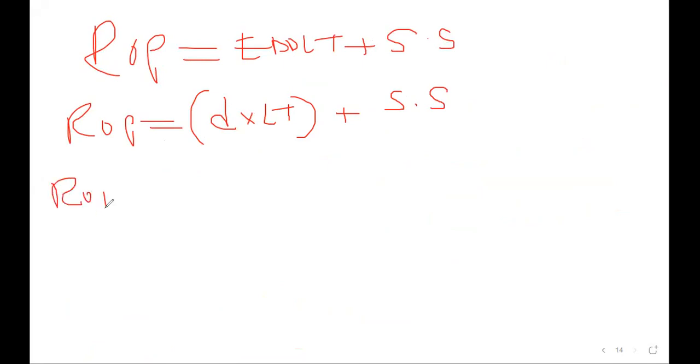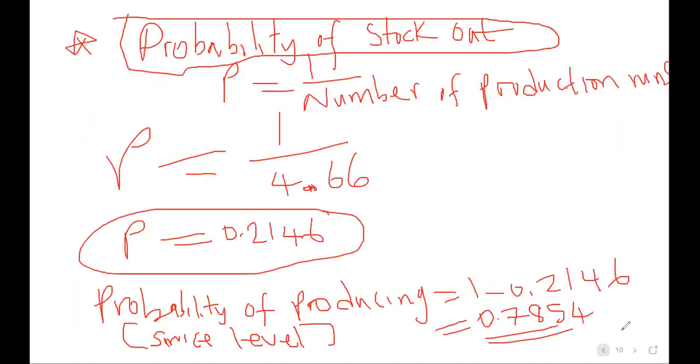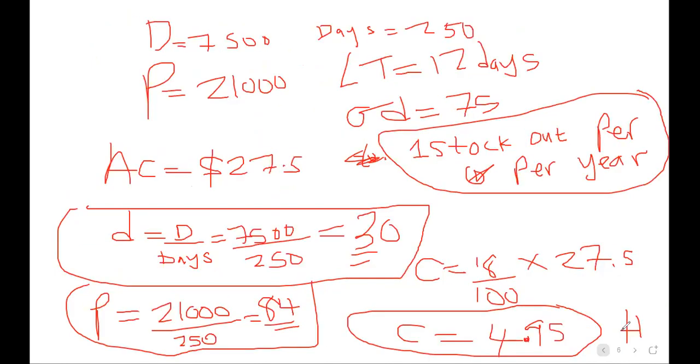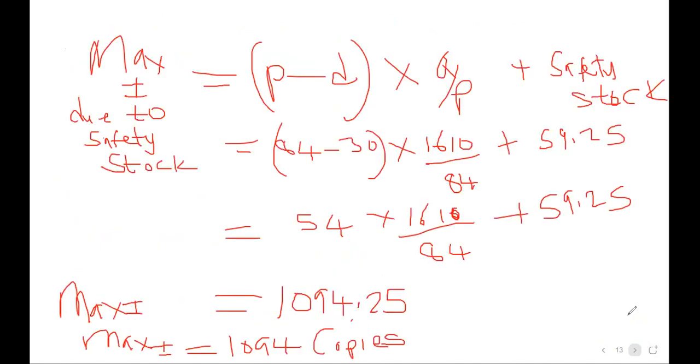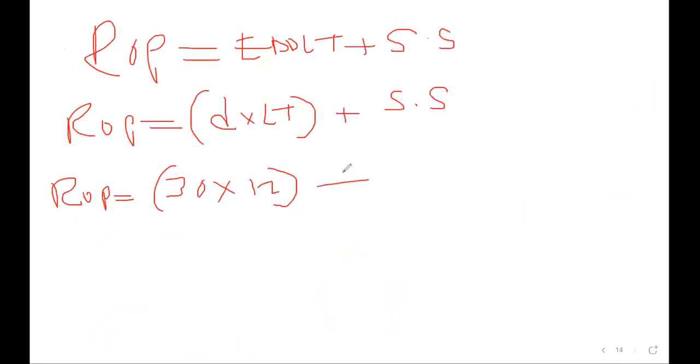So our reorder point is equal to daily demand, 30, multiplied by lead time of 12. Our daily demand is actually given as 30, multiplied by lead time of 12 days. These are some of the complicated questions that come as we look at the inventory. The safety stock we found is 59.25.